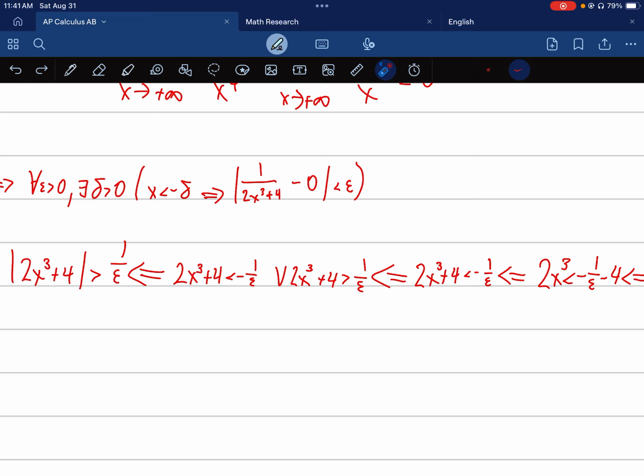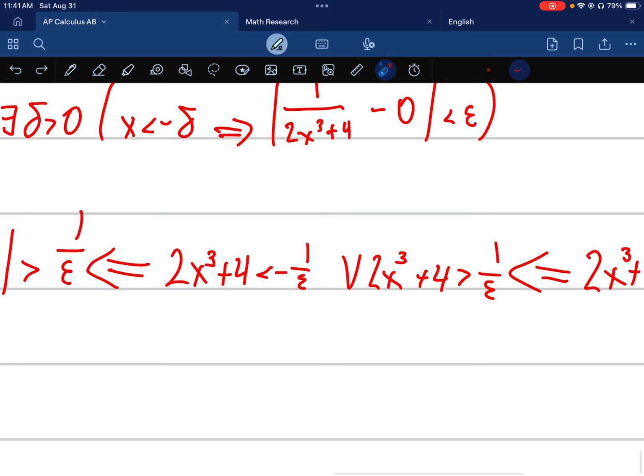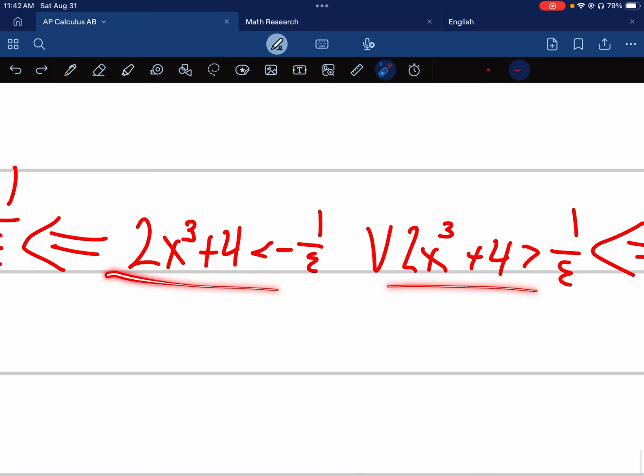And which one are we going to pick? Well, look, we're going to minus infinity. So which one of these statements is true or looks true? This is x to the third, so this is just going to be a minus infinity. This minus infinity is less than any number, so we're probably going to pick this.